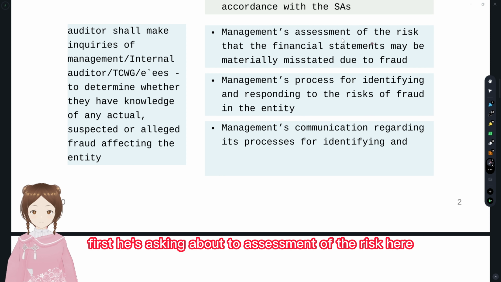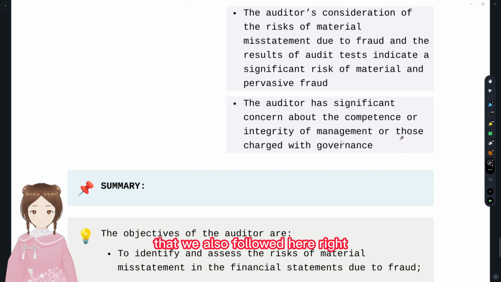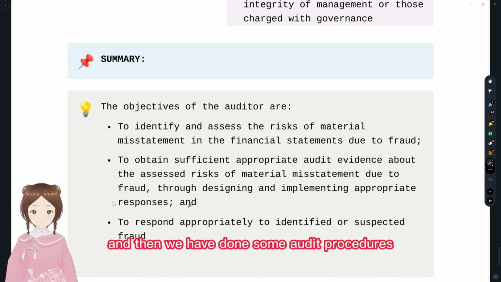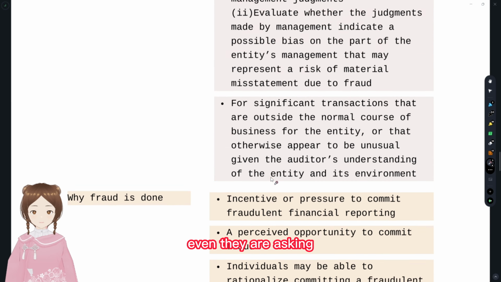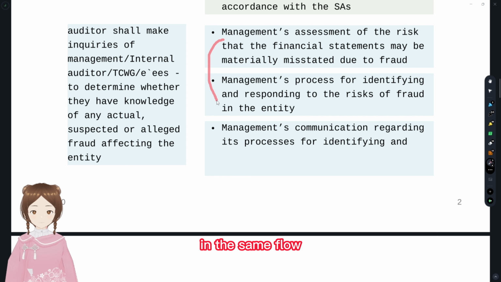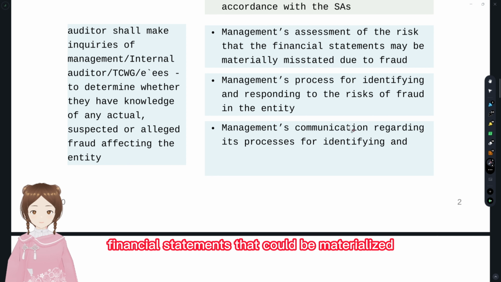First, he's asking about the assessment of the risk, and second, after assessing, how they were responding to the risks of fraud. That's the flow we also followed here, right? We first assess the risk of material misstatement, and then we perform audit procedures to obtain audit evidence. Here the auditor is also inquiring of management in the same flow, about how they have responded to the risk of financial statements being materially misstated.